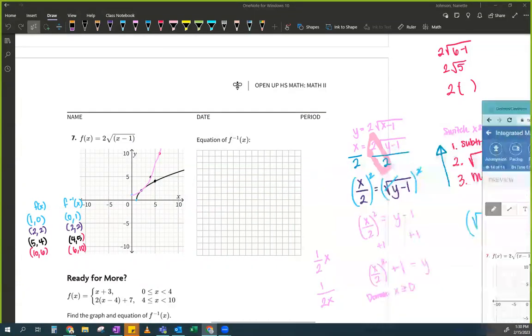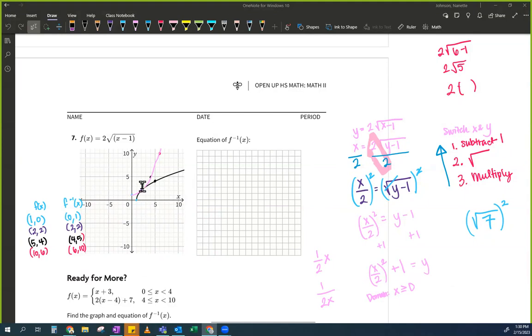So doesn't it make sense when I say things like this? You want to know about the domain of the inverse. Where would you get that from your function? You told me about switching X and Y. So if I think about the domain for the inverse, what should I look at for the function?